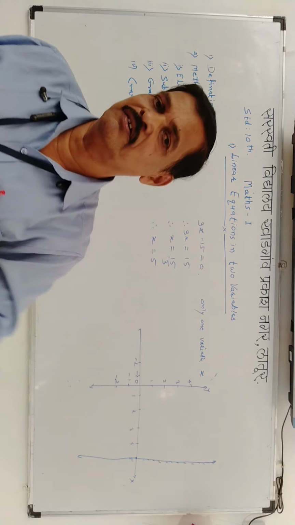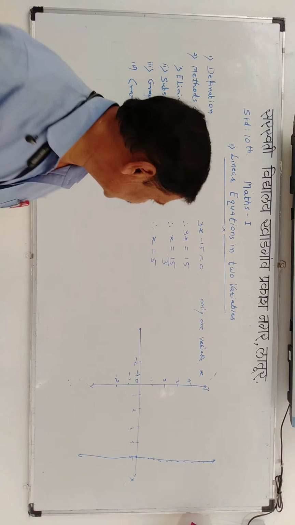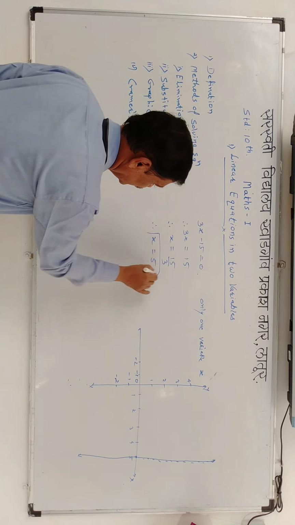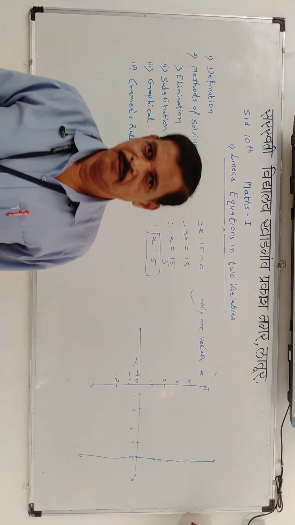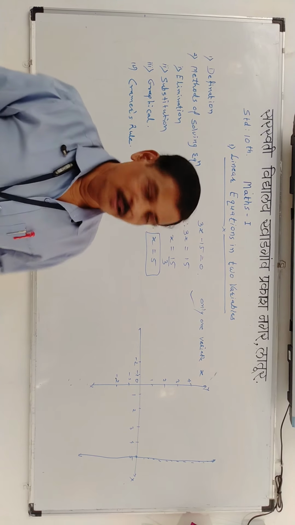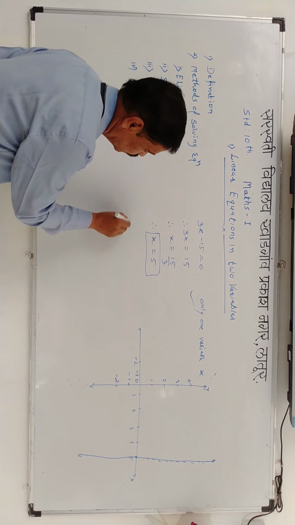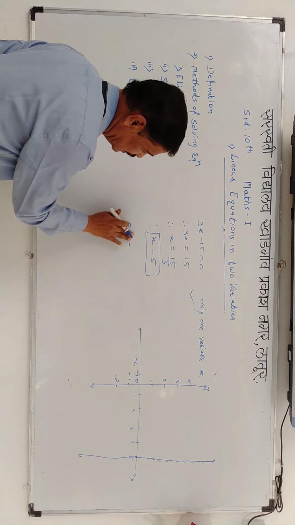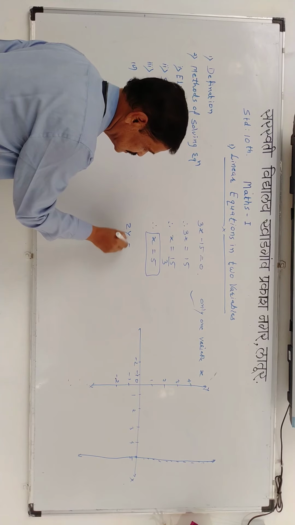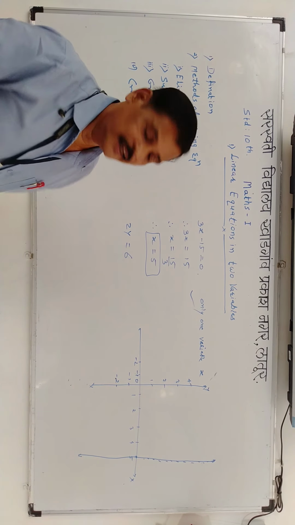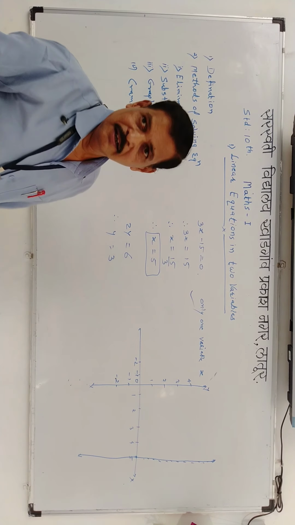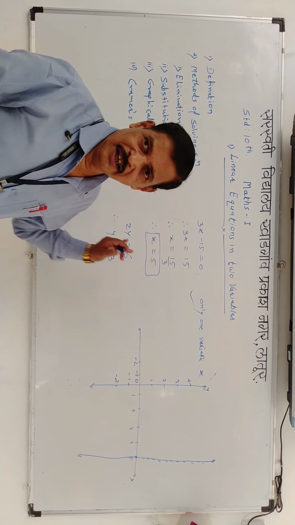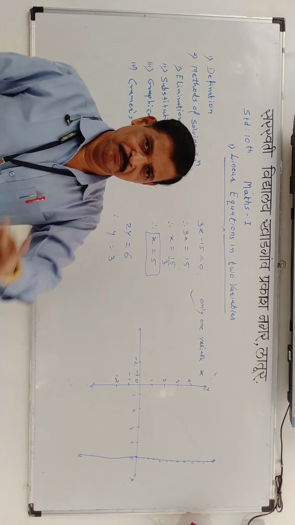X is equal to 5 is a linear equation, but in one variable, only one variable is there. Another, suppose 2y is equal to 6, then y is equal to 3, is also a linear equation in one variable.